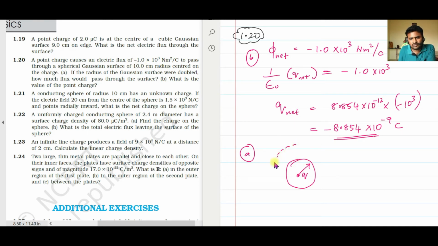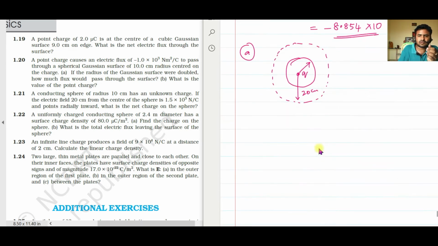Now even if I make it 20 centimeter radius, a bigger sphere, even then how much is the total charge present? The same charge, minus 8.85 into 10 to the power of minus 9 coulomb. So therefore the flux will remain the same. It doesn't depend on the radius, it depends on how much charge is present within the closed surface. Since I'm not altering the charge present within the closed surface, the flux will remain the same.